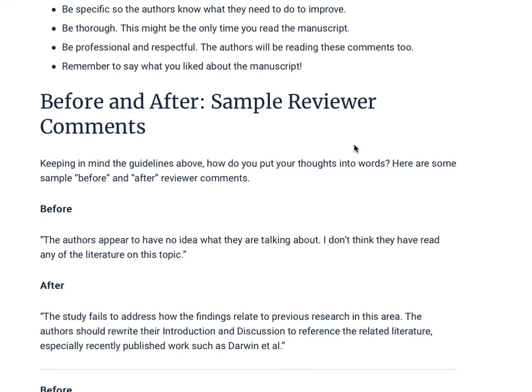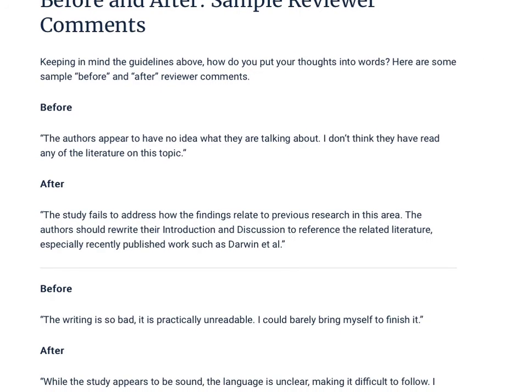Here in this article, they're reviewing for us some before and after sample review comments. So, for instance, this is very helpful. Before, this is what a reviewer perhaps wrote before taking into account the tips in this article. They wrote, "The authors appear to have no idea what they are talking about. I don't think they have read any of the literature on this topic."